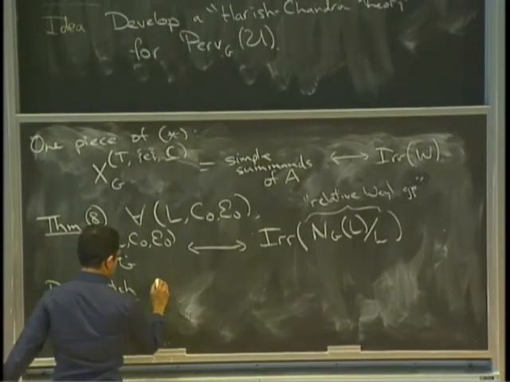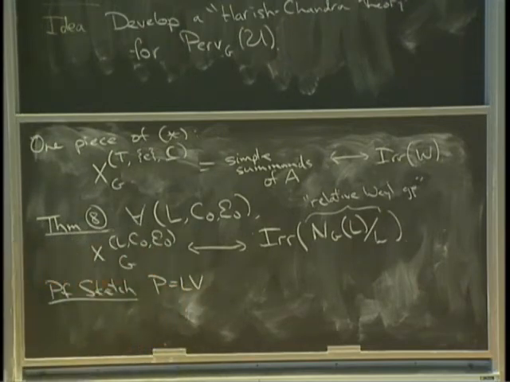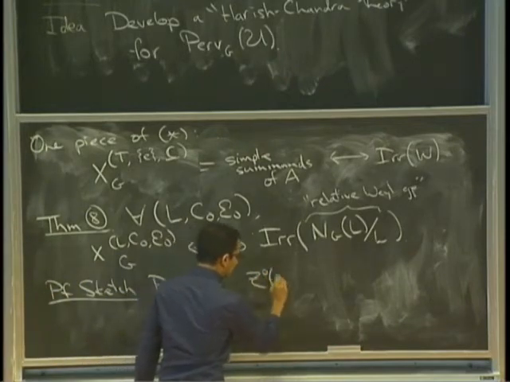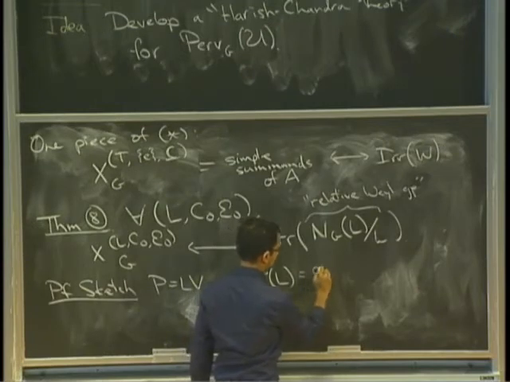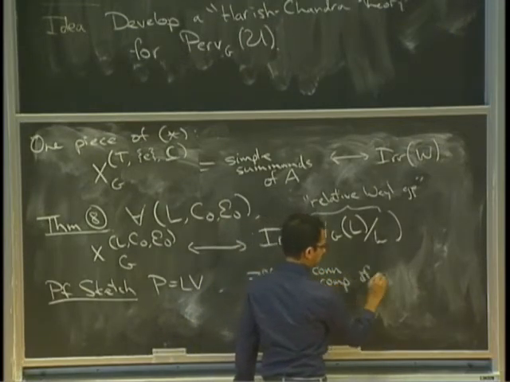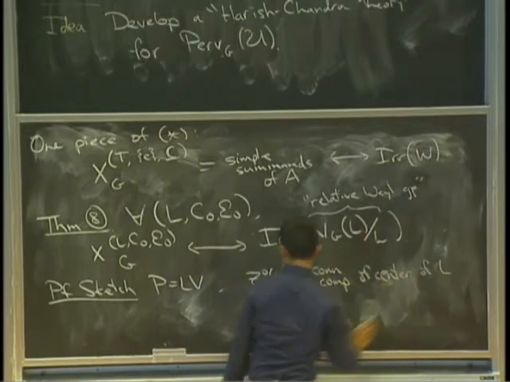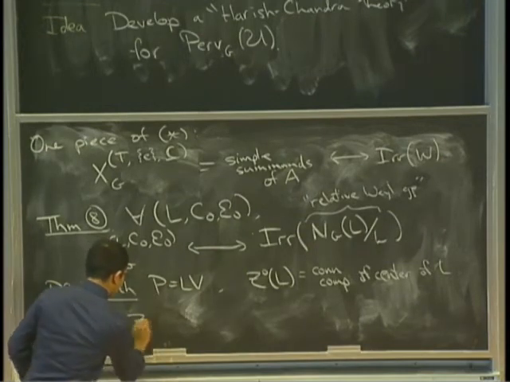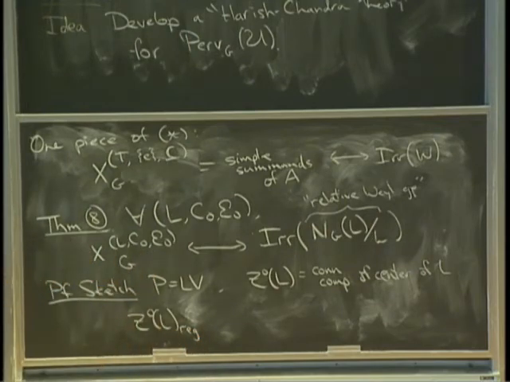Well, we have our parabolic. That notation is the same throughout. I want to let Z naught of L be the connected component of the center of L. And then I want to define something called Z naught L reg.